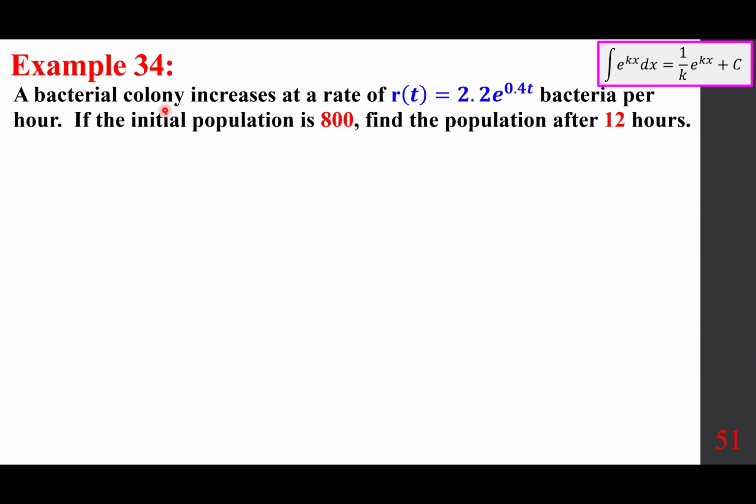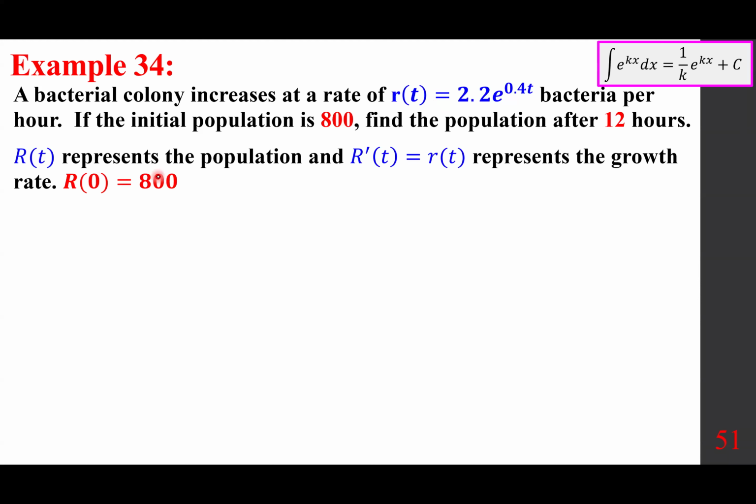A bacterial colony increases at the rate of r of t equals 2t e to the power 0.4t bacteria per hour. If the initial population is 800, find the population after 12 hours. So what do we need to know?